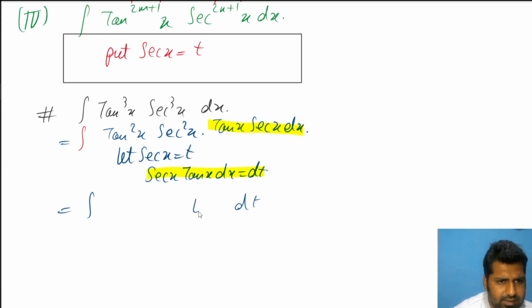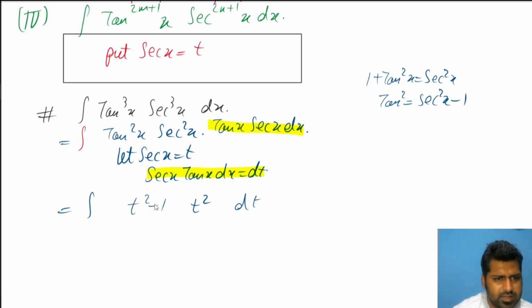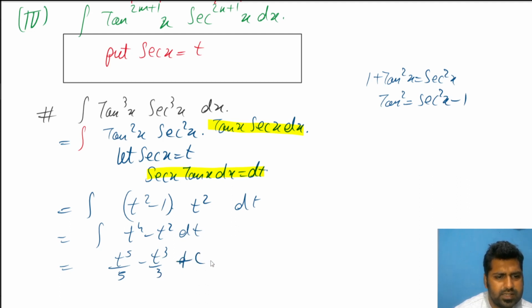Sec square is nothing but t square, but what about tan square? Still use the same property, 1 plus tan square x is sec square x. So tan square is sec square x minus 1. Sec square minus 1 means t square minus 1. Now multiply this, t raised to power 4 t square dt. So this is t raised to power 5 by 5 minus t raised to power 3 by 3 plus c.